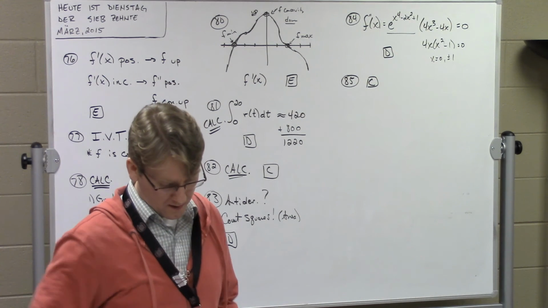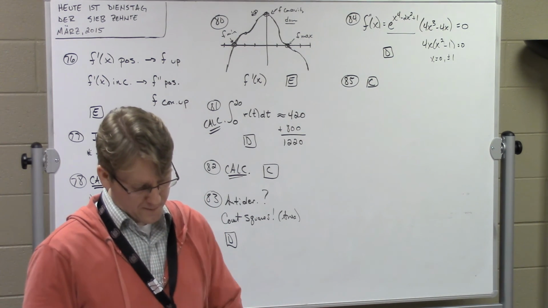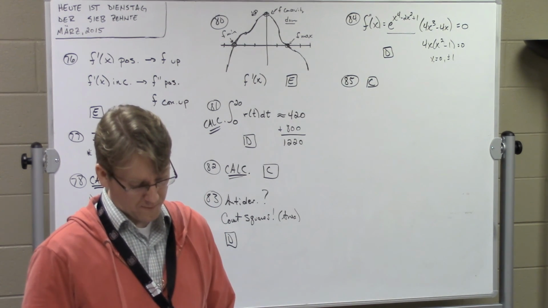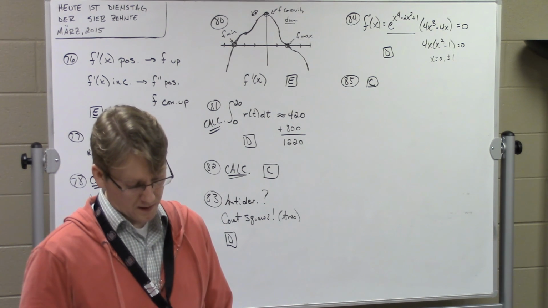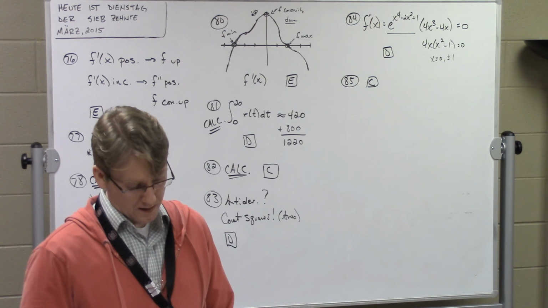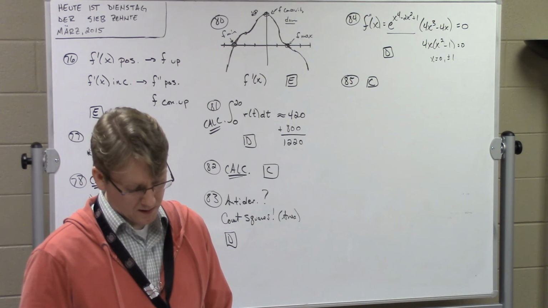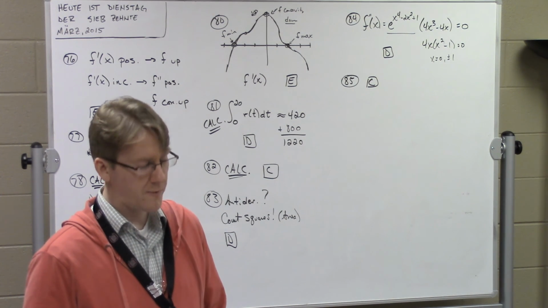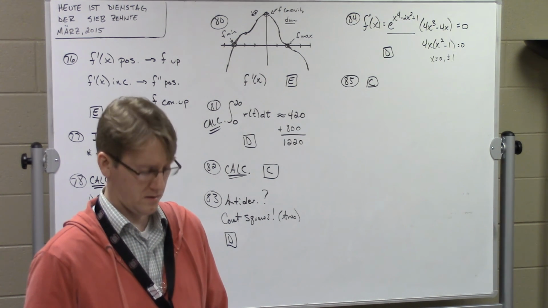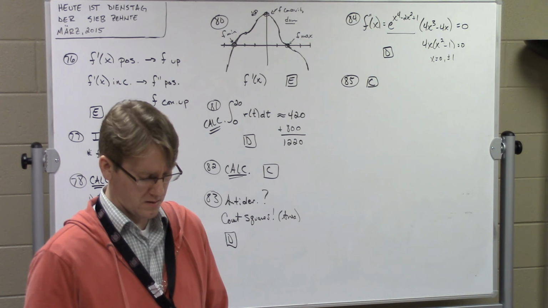86. If f prime is greater than 0, so f prime positive, for all numbers x, we can narrow down part of it. What does it mean if f prime is positive?